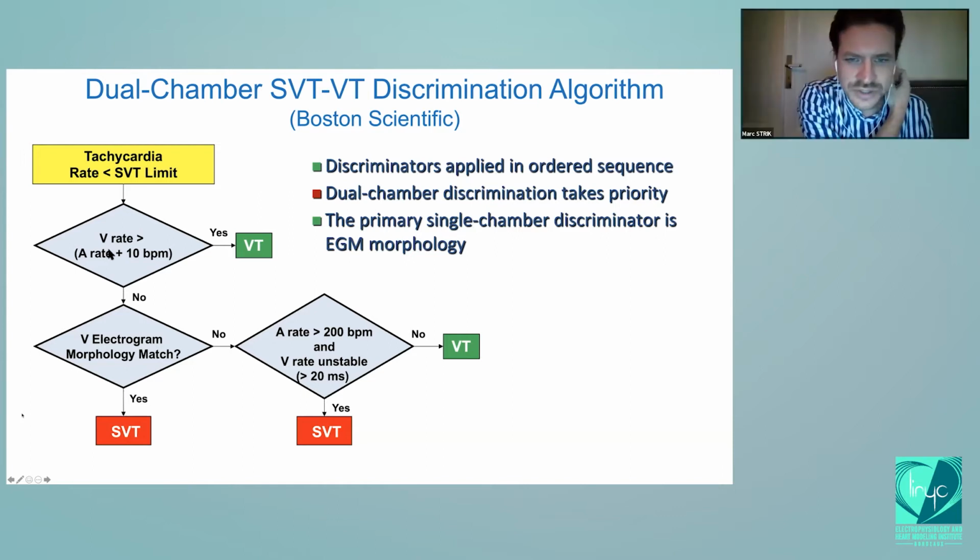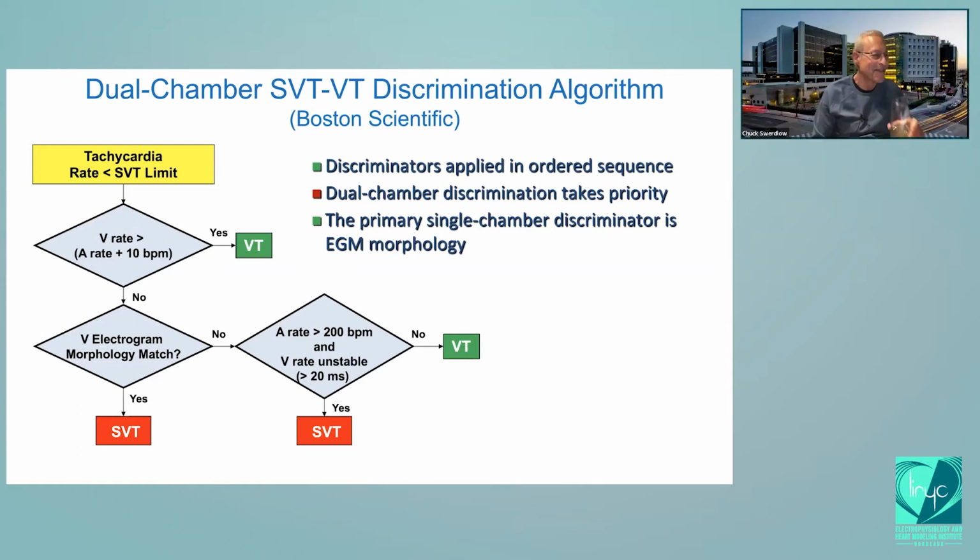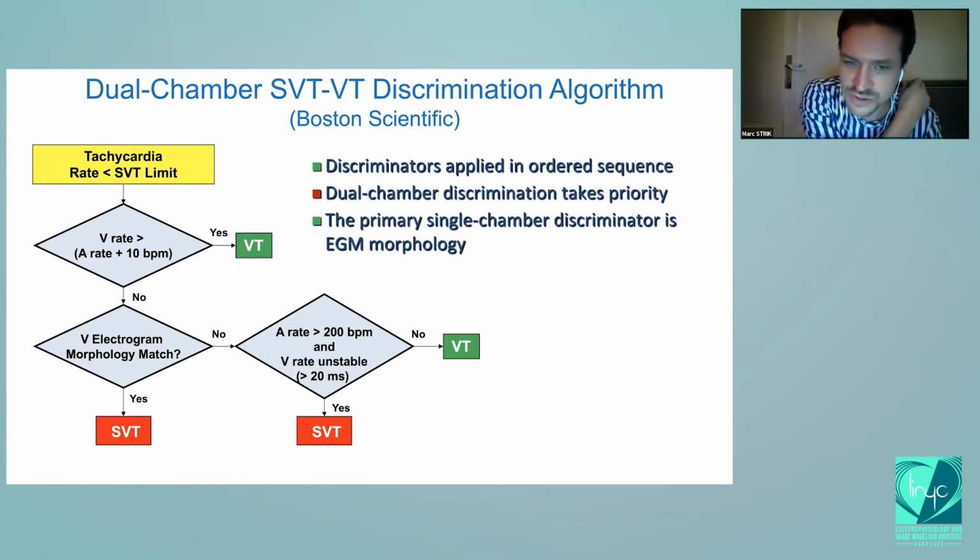I really enjoyed that you selected Boston Scientific. Sorry to interrupt you, but this morning I gave the students 266 VT episodes from dual chamber Boston Scientific devices. Good. Okay. And of those 266 episodes, there are actually 20 which are SVT, so 20 are inappropriately classified as SVT, so inappropriate therapies.